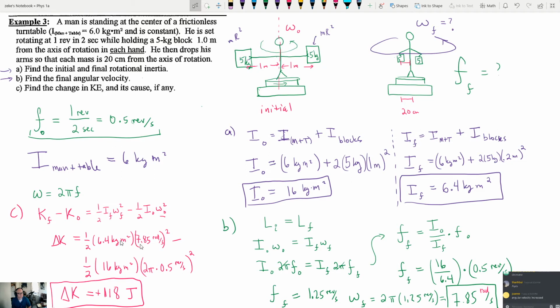Any ideas? I can give you another hint. This is the question. Find the change in kinetic energy and its cause, if any. That's the question.